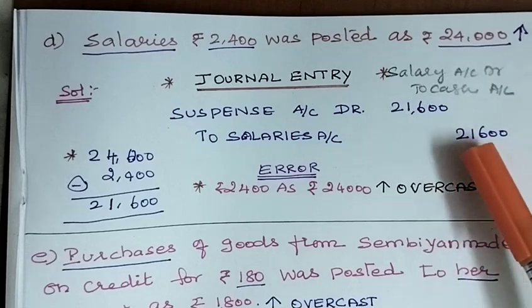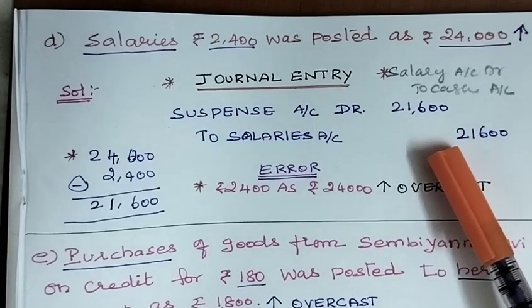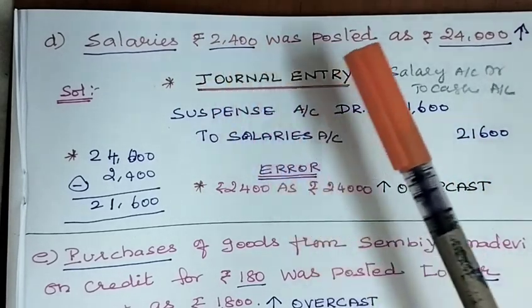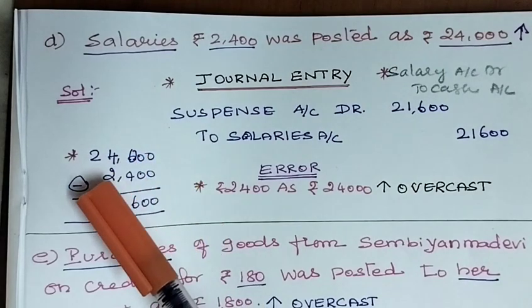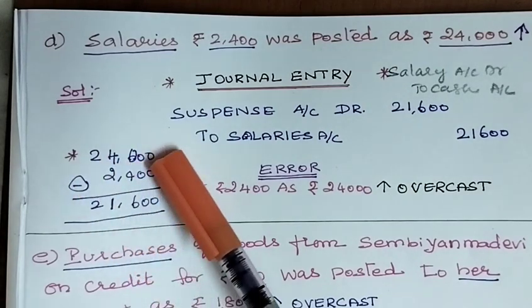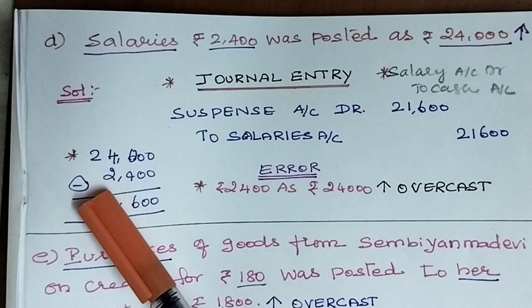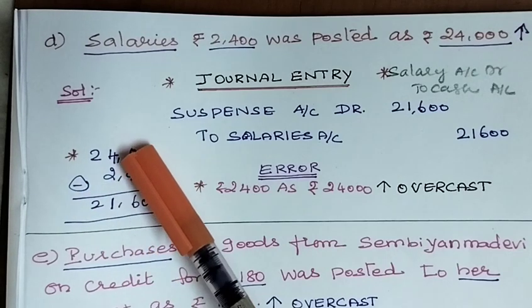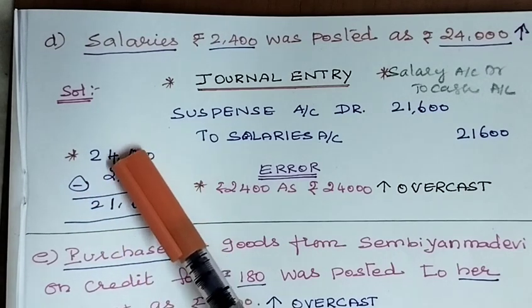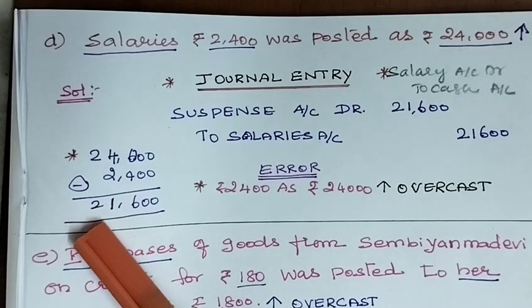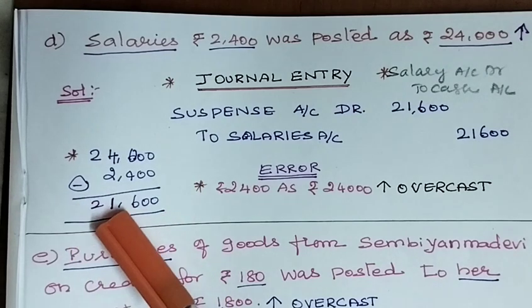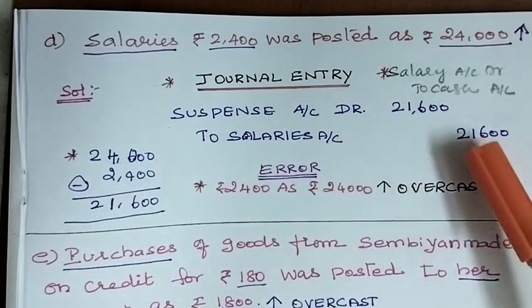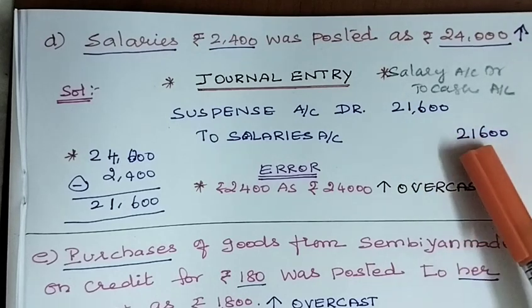Why 21,600? We have to enter the difference between the 24,000 and 2,400. We have to subtract 2,400 from the 24,000. We will get 21,600. That difference value only you have to enter here. Then only the error will be rectified.